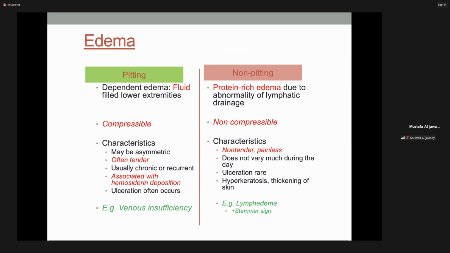Oh, I said true. Why? It was lymphedema, right? Or lipedema? Lipedema is false. Lymphedema is true. True or false? Lipedema affects the foot. False. Lipedema doesn't. Thank you. Okay, good job.